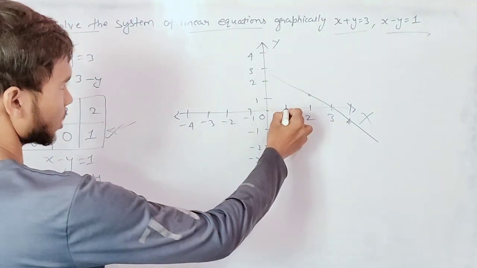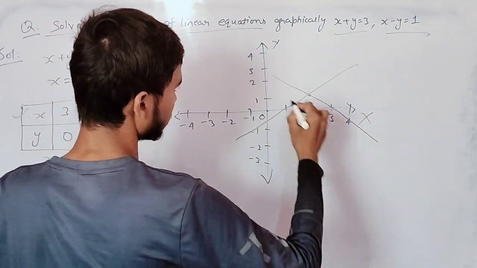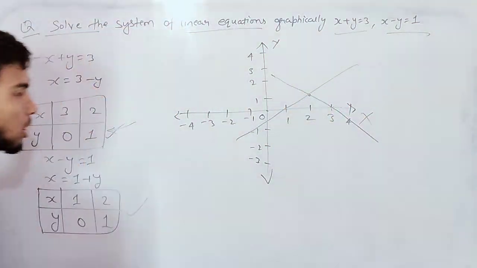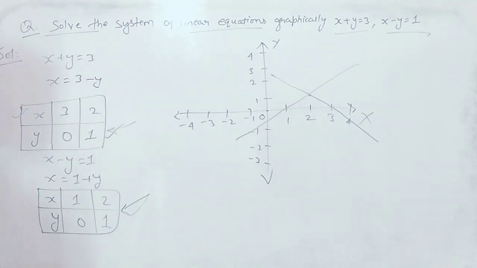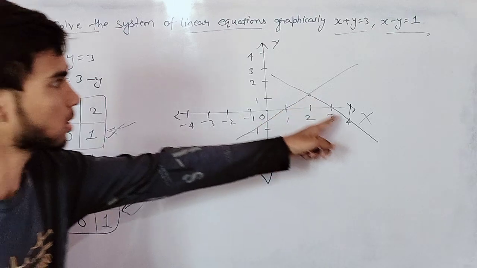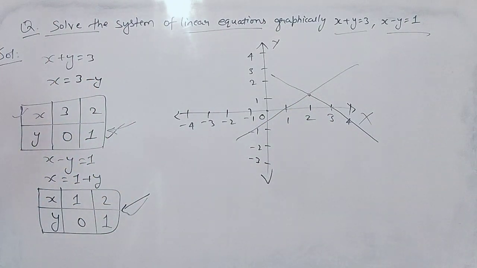So 1, 0 this, and 2, and second is this. And this straight line is for this box, and this is of this box. That's how you will plot after finding solutions.